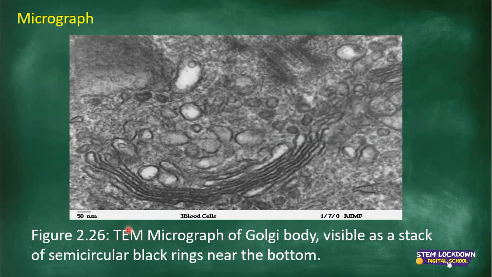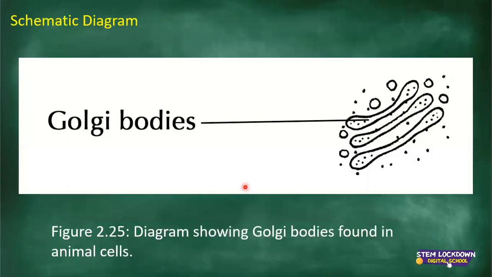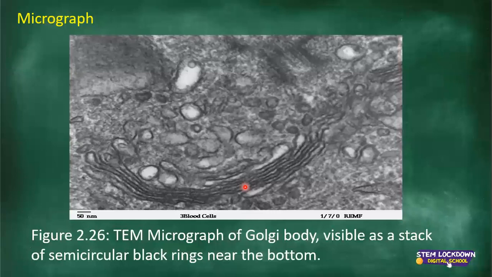Taken using the transmission electron microscope of a Golgi body, visible as a stack of semicircular black rings near the bottom. You see here, this is the Golgi body when you look at it under a microscope. These are the stacks, the cisternae, lots and lots of them. So you can clearly see that this schematic diagram is based on such images. So it's pretty much accurate, as you can see.